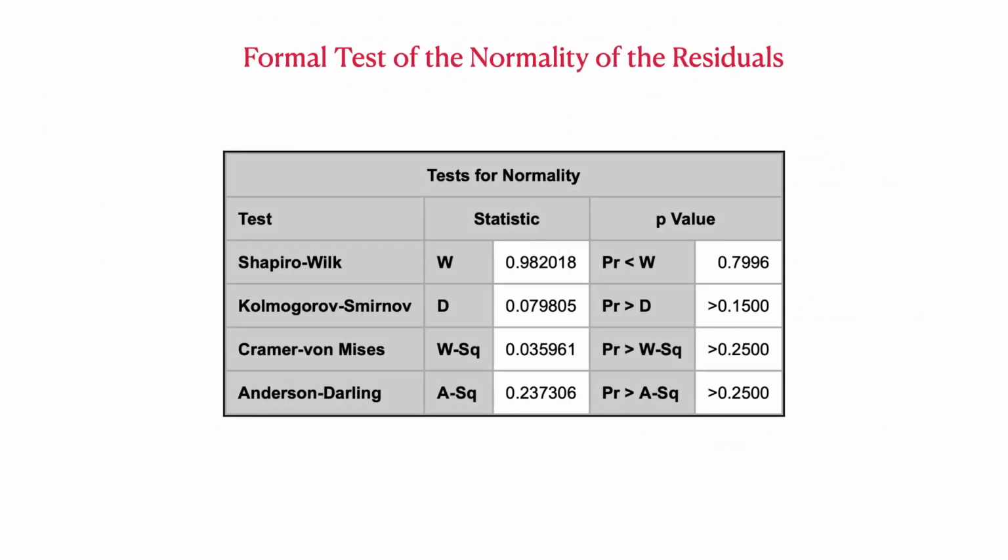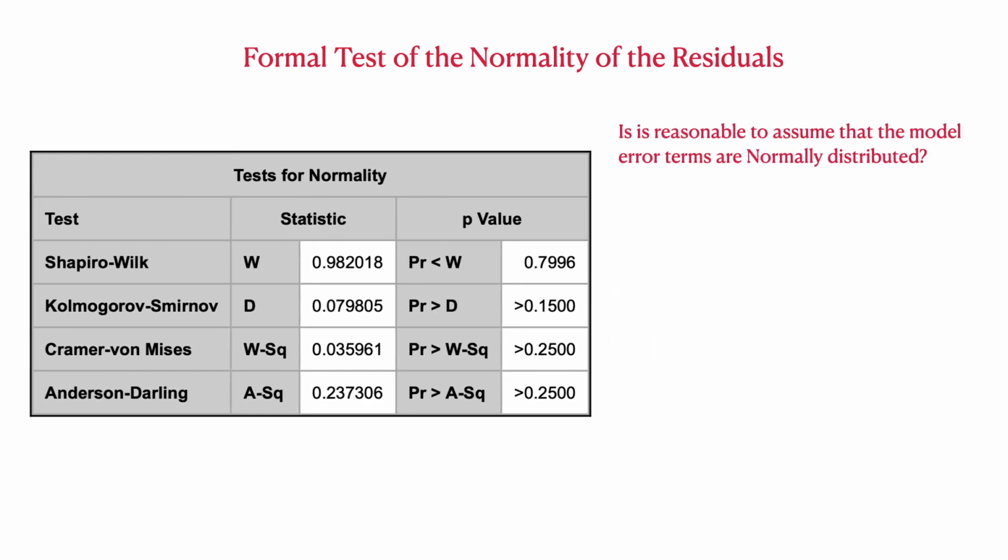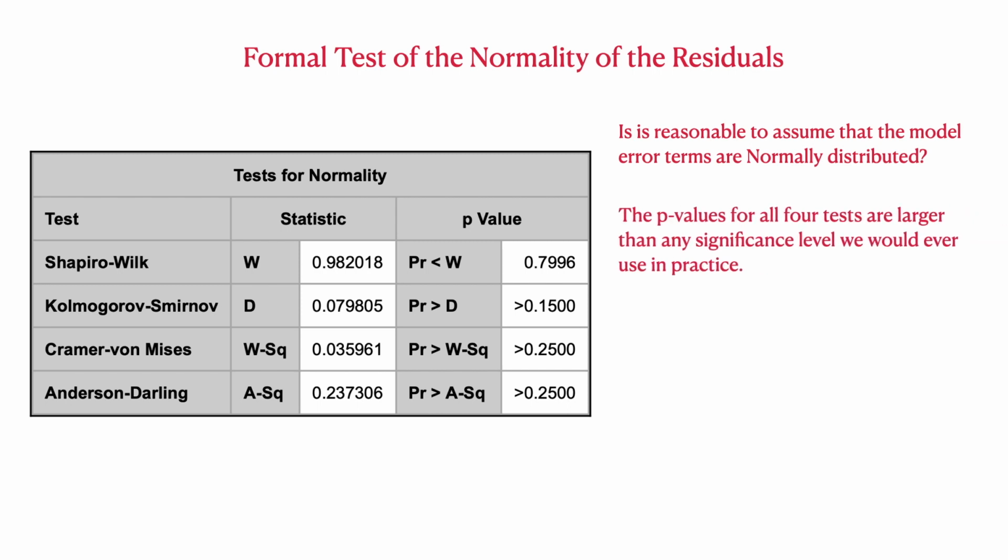This table provides a formal test of the normality of the residuals. In fact, it provides 4 different tests. And so the question is, is it reasonable to assume that the model error terms are normally distributed? As we can see, the p-values for all 4 tests are larger than any significance level that we would really ever use in practice.